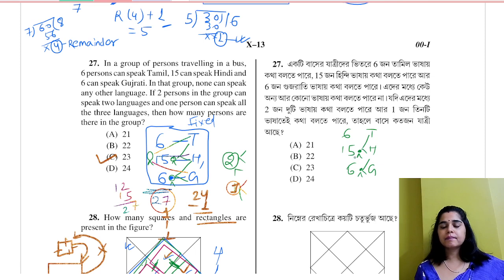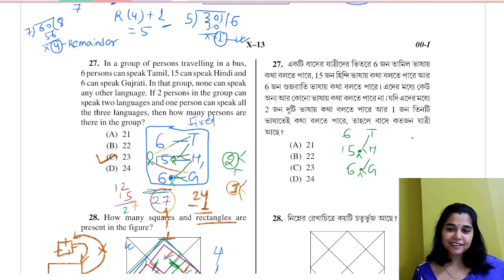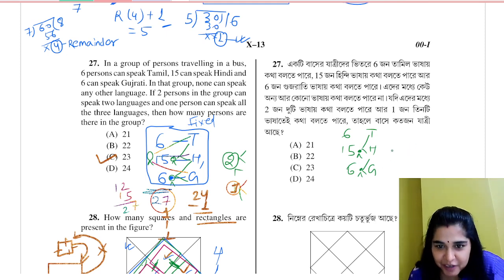It means how many persons are in the group? Two people are saying. Yes, now I'm getting it. Okay, okay.